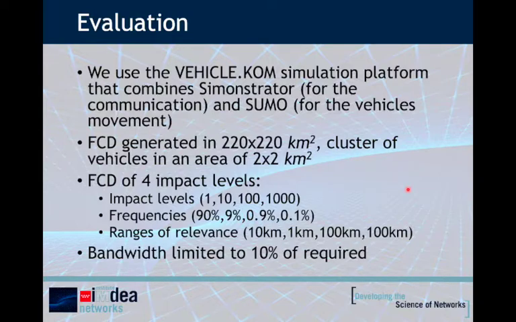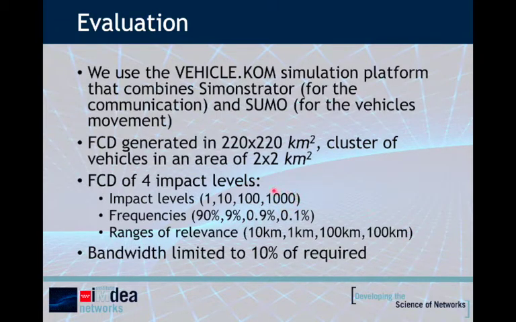We assume that we have an area of 200 by 200 square kilometers, in which we are going to look only at a cluster of vehicles that is placed in an area of 2 by 2 kilometers. And we are going to assume that we have 4 different impact levels in our messages, and each impact level has, the higher the impact level, the lower the probability of that particular event level happening, and the increase in the relevance.